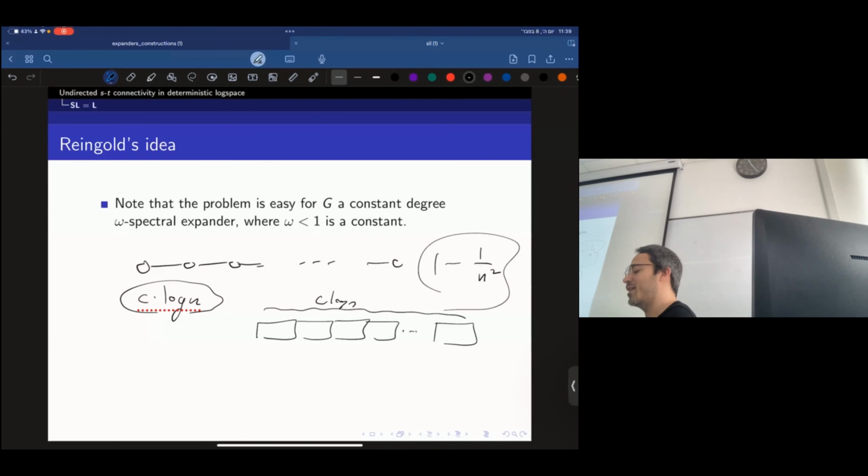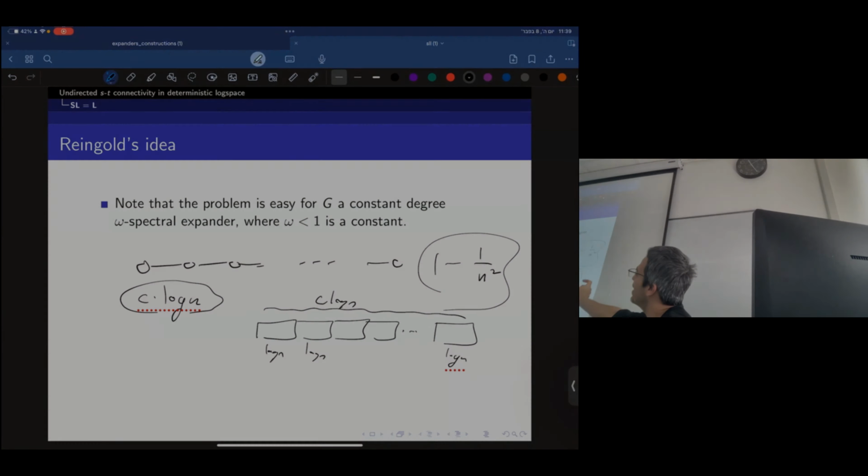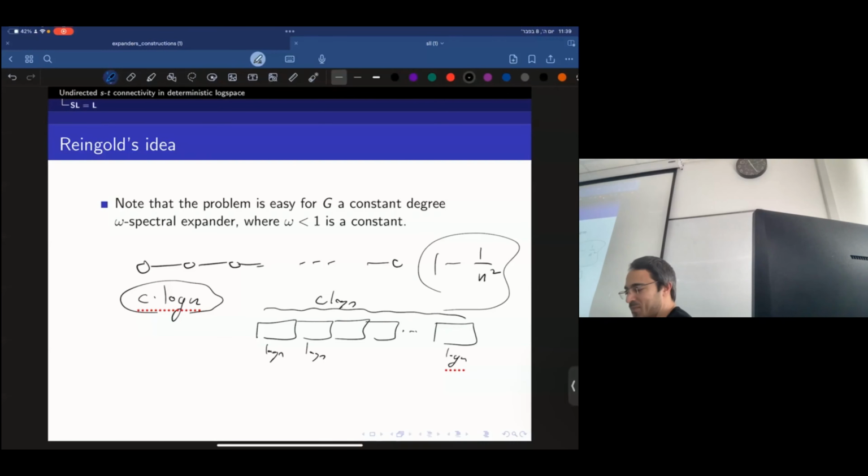You have C log n steps and you need to remember where you are, so you need log n space for the vertex, and then in log squared n steps you can iterate over all of these things. You need some iterator also, but that doesn't really matter. If at one of these iterations you reach t, you're happy. Otherwise, you reject. And this is log squared n.